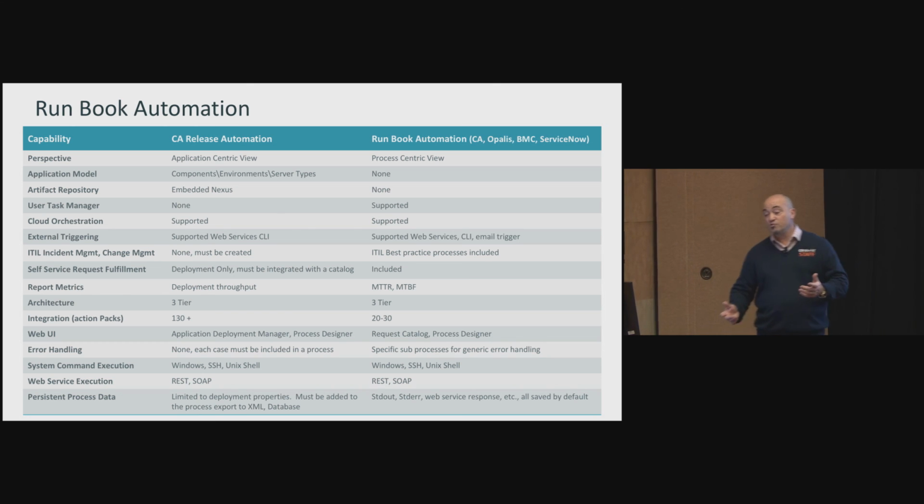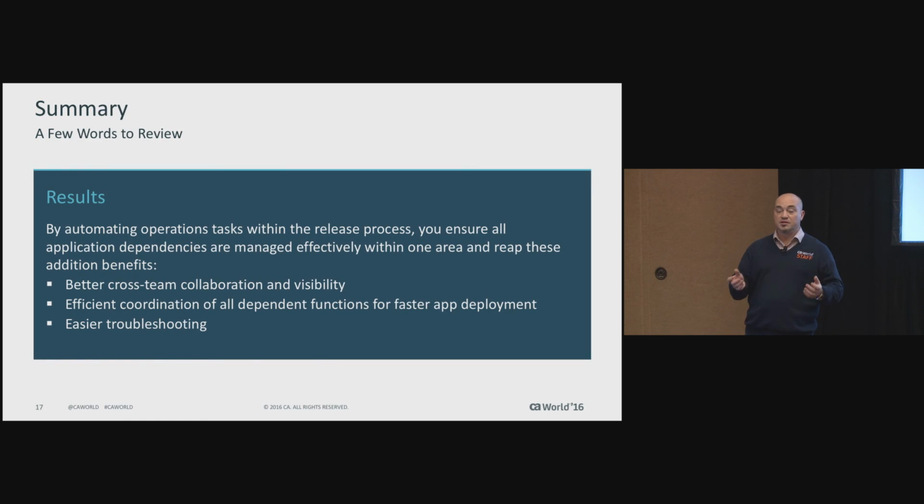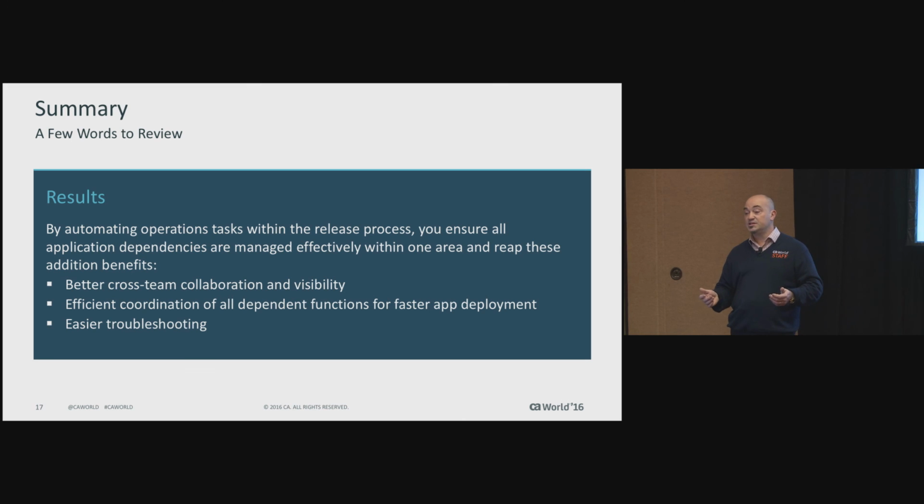So in summary, just a few words to review here. The continuous delivery service is more than just for the software development lifecycle, right? We want to achieve better collaboration by opening up this service to more users, especially on the operations side. Like I said, anytime somebody has to manually do something to support the deployment of a new release of an application, that's in scope for continuous delivery, whether it's a database update or a workload job update or a security policy update, right?